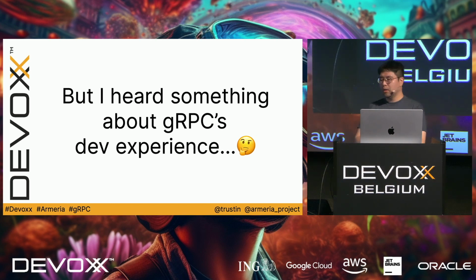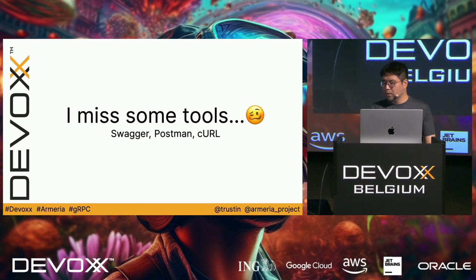But even if we have all these goodies in Armeria, there are some people saying that gRPC actually does not really have a great developer experience, as great as REST API or some other well-known protocols. Some of the reasons for that is tooling.